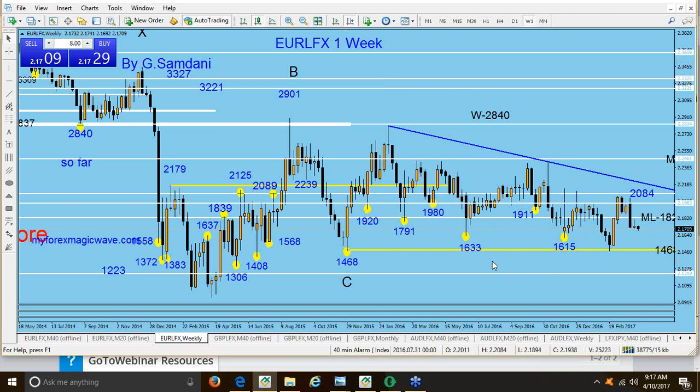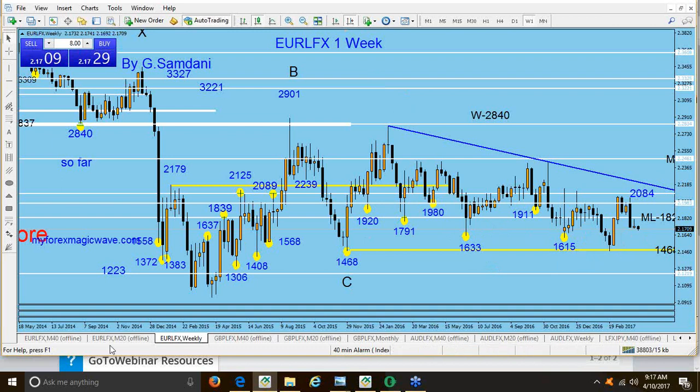If you want to trade Euro pairs, then we have to live with this. We have to see all these small little swings up and down, and if we understand and catch these moves, we can trade these Euro pairs, for example Euro USD, Euro Aussie, Euro yen, accordingly.